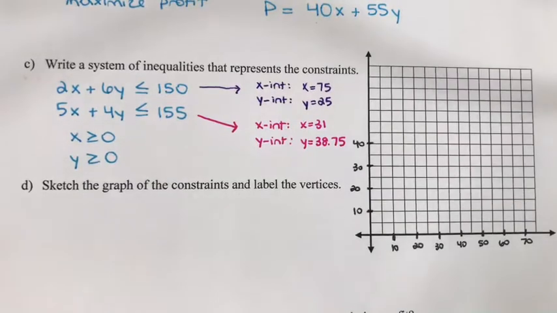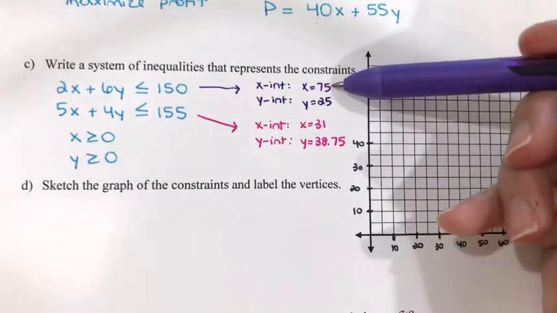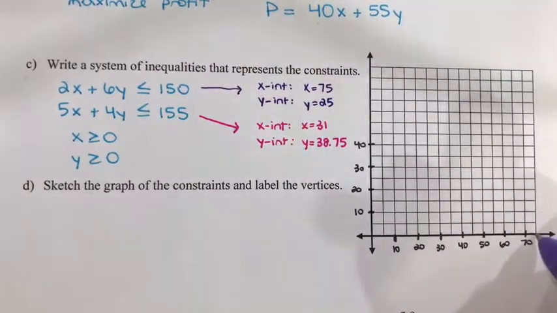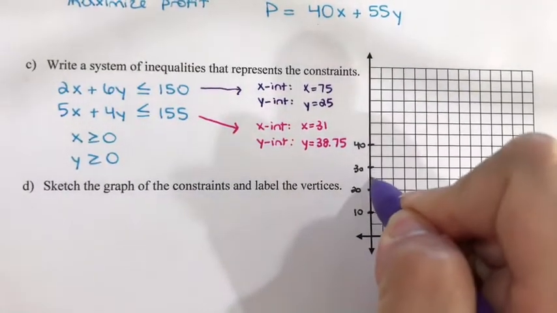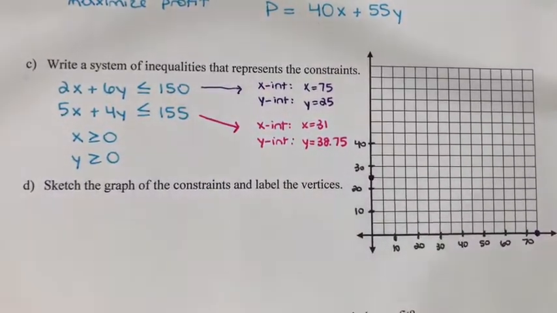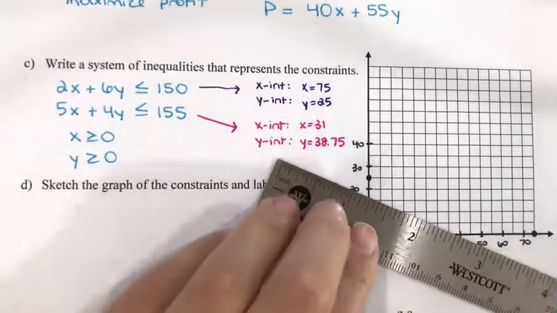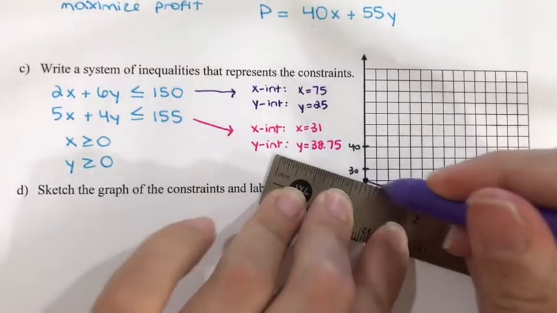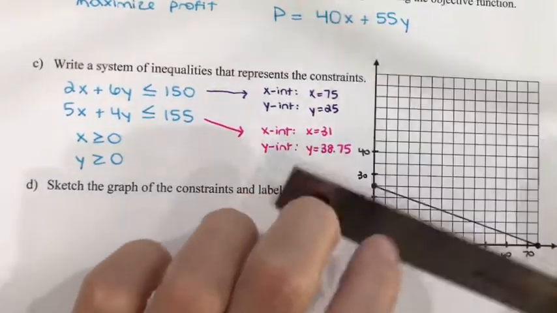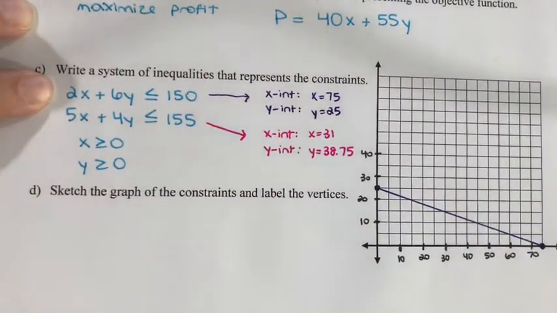All right, so let's graph each of these. In purple, my x-intercept is 75, my y-intercept is 25, and I'm going to draw a line connecting these two. Now to figure out the shading, remember it's about testing a point.